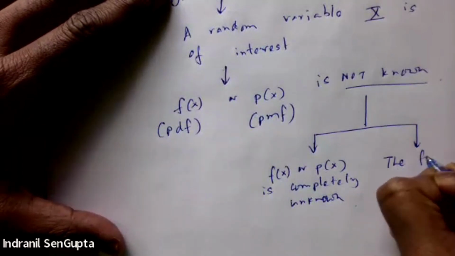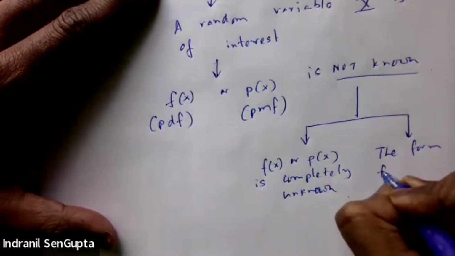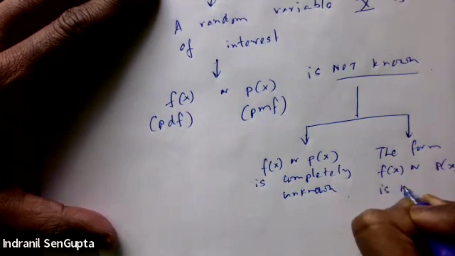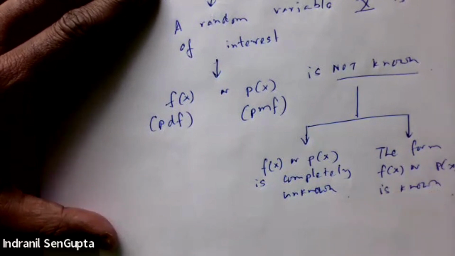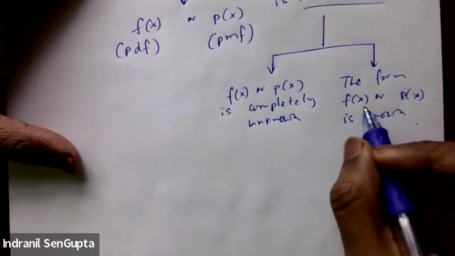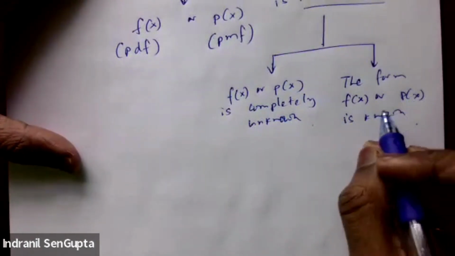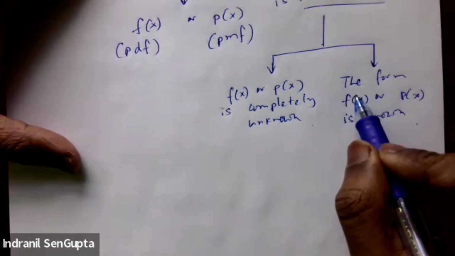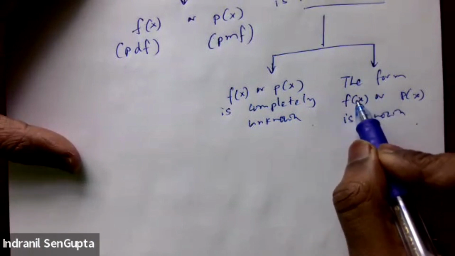The form of f(x) or p(x) is known. That means, suppose we know that it follows Gaussian distribution or normal distribution. So the form is known, so we know what the probability density function looks like.